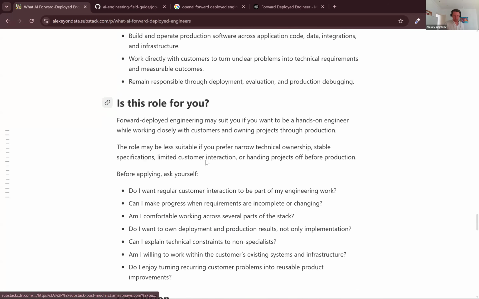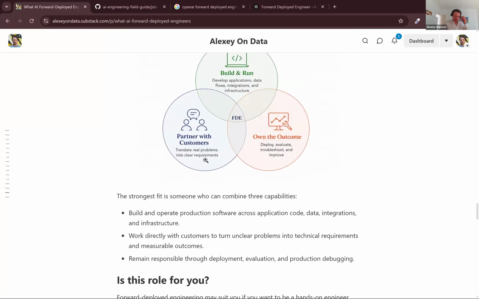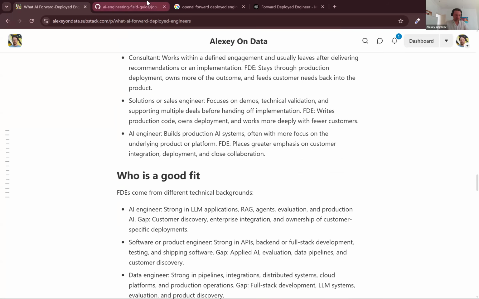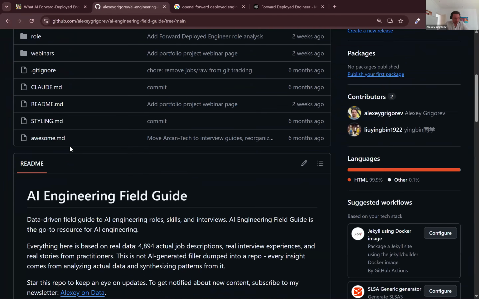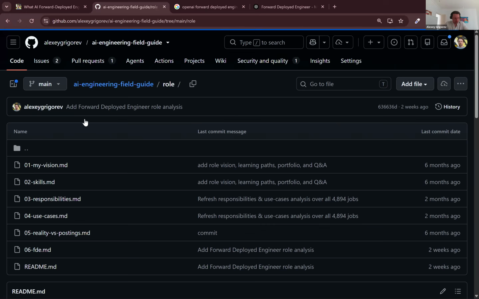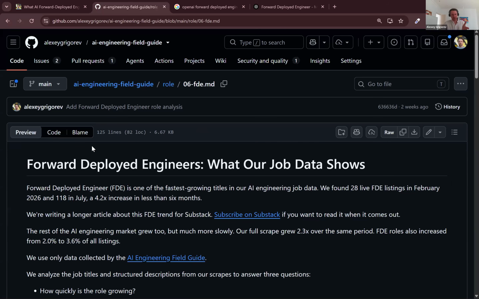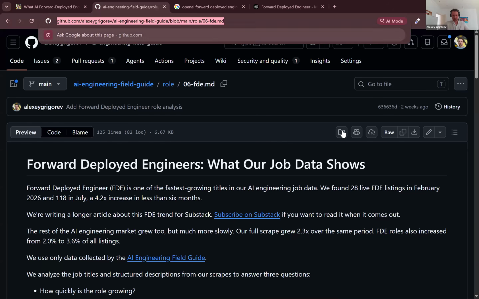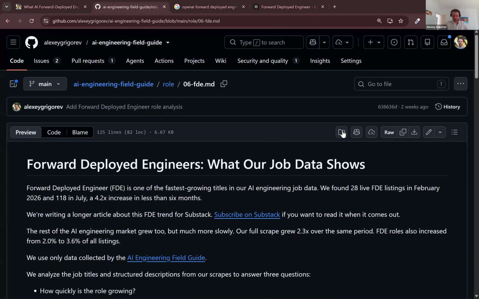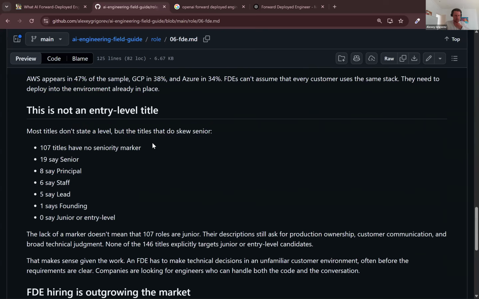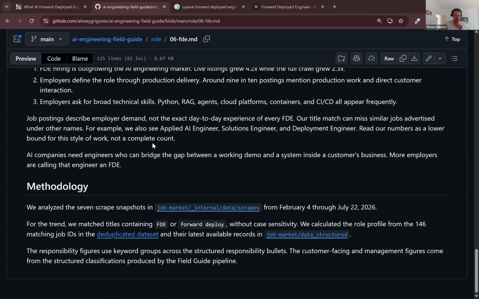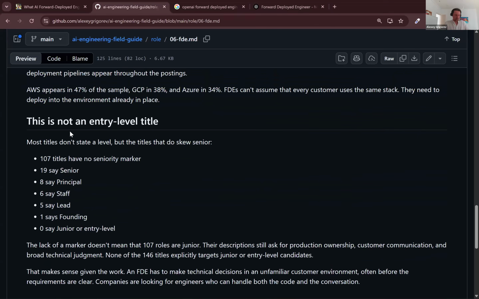I think when it comes to seniority, there is some data, maybe I can check here. When it comes to seniority, role, FDE. So I did some analysis first here in this repo. Maybe I can also share it with you. So let's see. We have some seniority. Yeah.